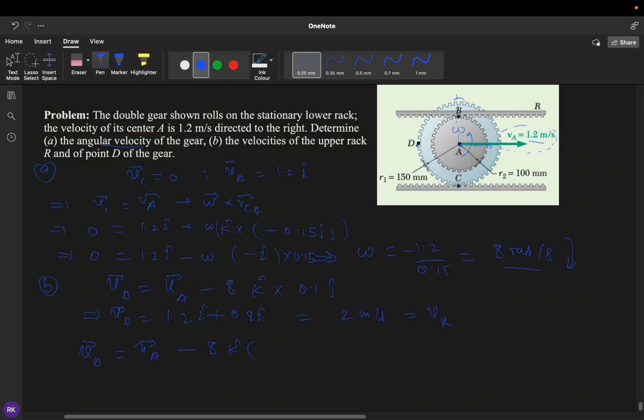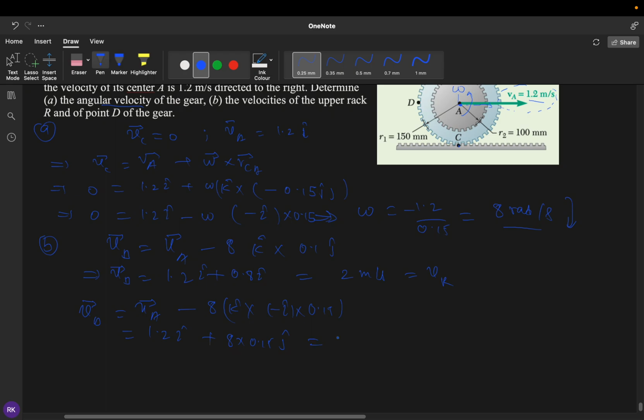Now it is asking the velocity of point D. So now this distance must be 150 mm, and the position vector of D with respect to A will be in the minus i direction. So minus i into 0.15, and we already know VA is 1.2 i cap. The k cross i term will be a plus, that is 8 into 0.15 j.